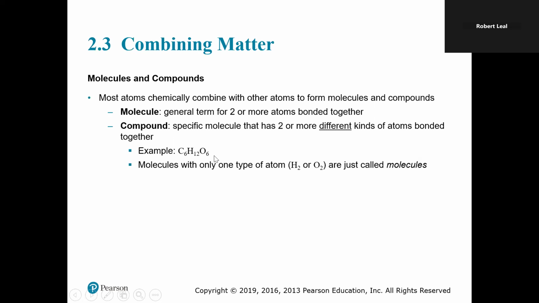Well, you have three different elements interacting to make this glucose molecule. And so therefore, this one happens to fit the description of both the molecule and a compound, where you've got two or more elements interacting through covalent bonds. So it's a molecule, but the elements interacting are also different. So it also fits the description of a compound. So I would call that a molecular compound.